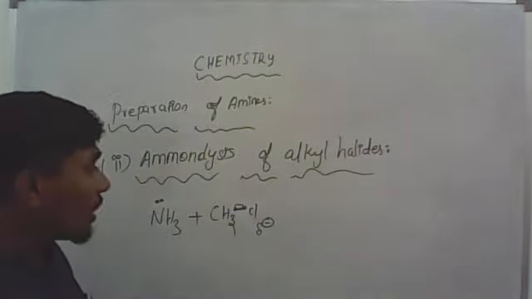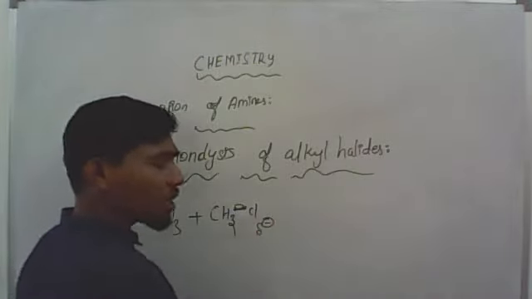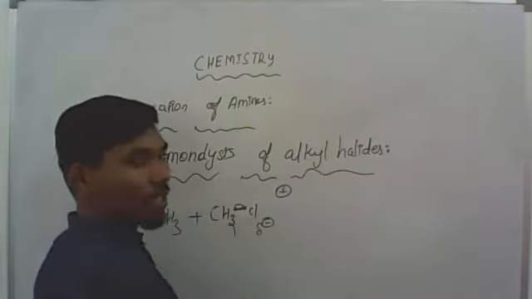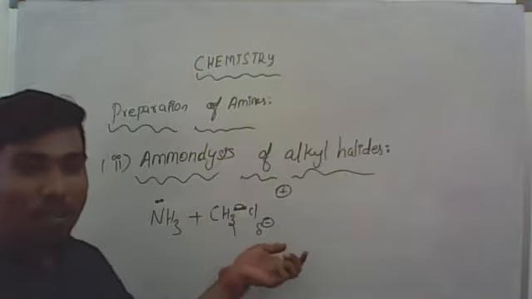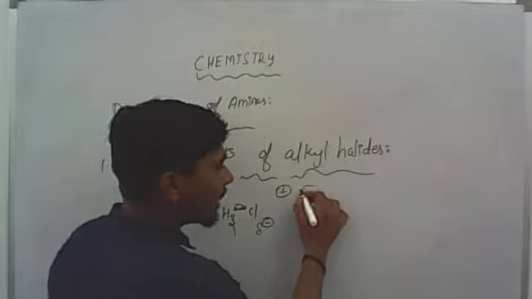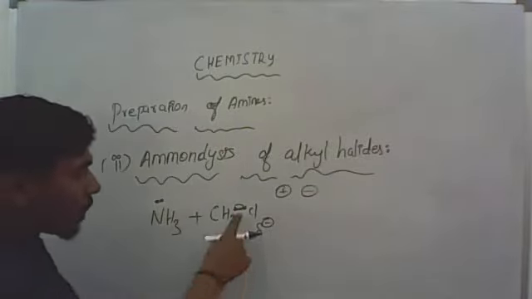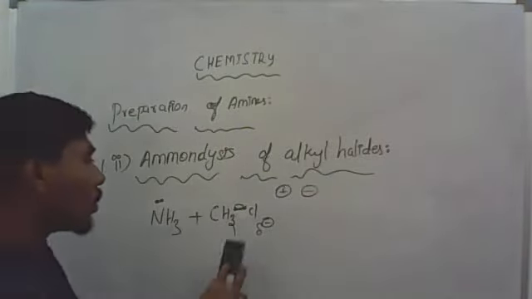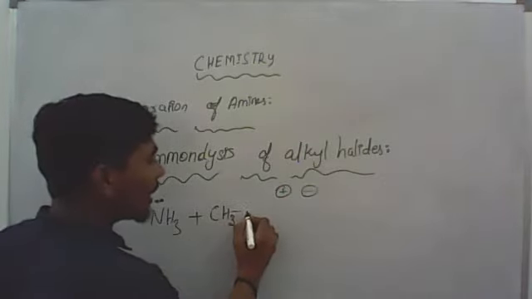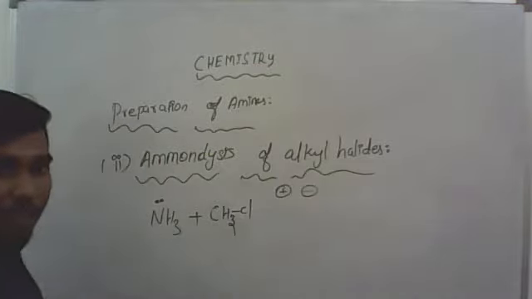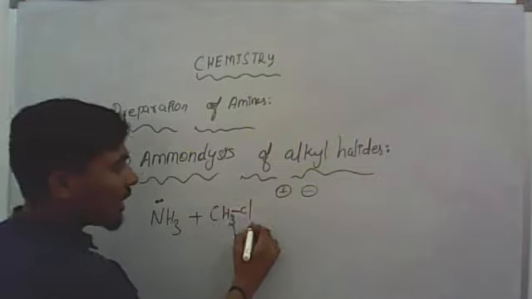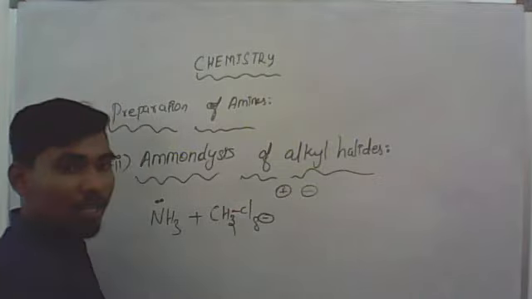In chemistry, if an atom loses an electron, we mention a positive charge. Positive indicates loss of electron. If it gains an extra electron, it is called a negative charge. In this bond, chlorine gained an electron from carbon, but the bond is not completely broken, so it has a partial negative charge.